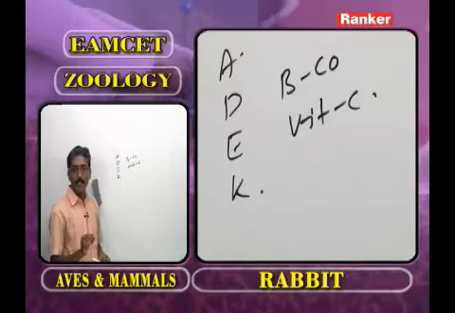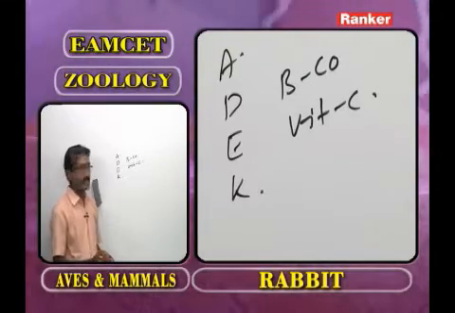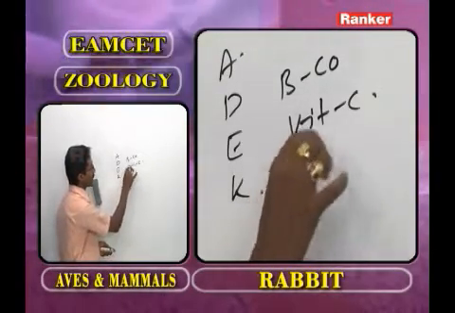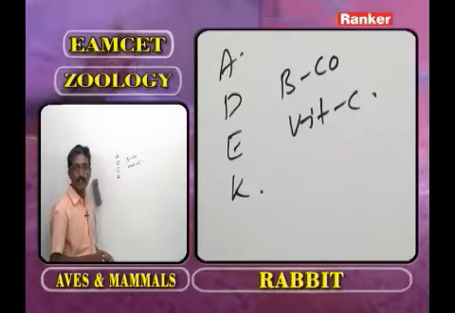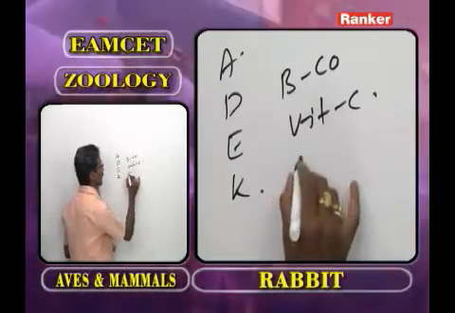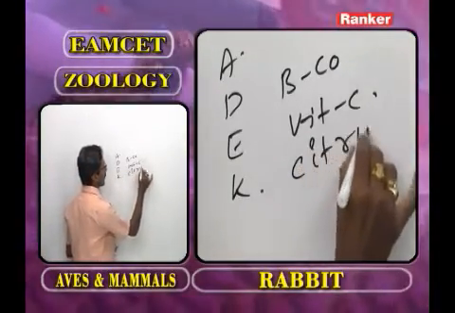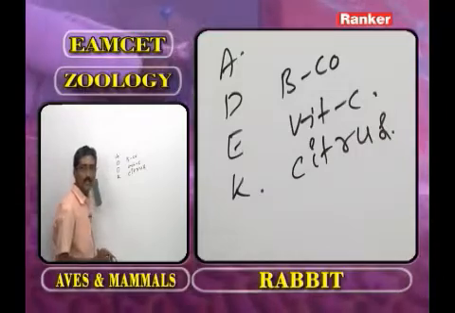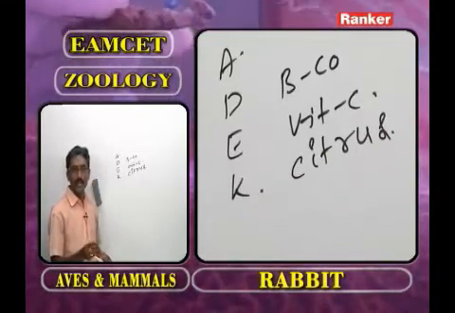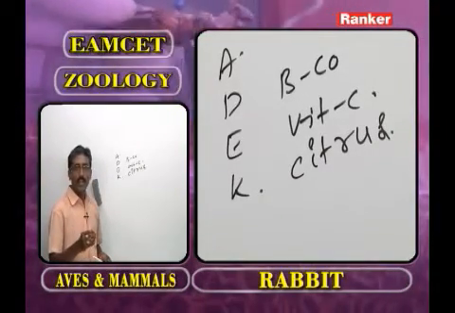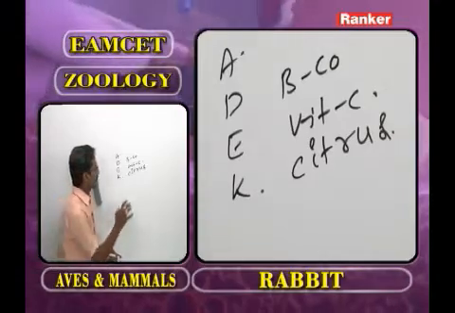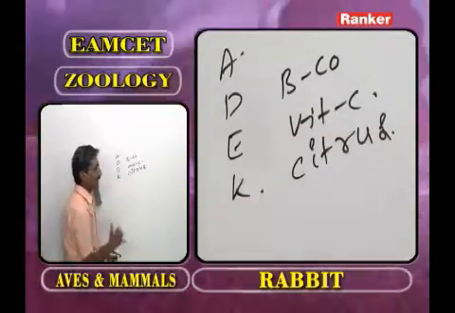Now, regarding ascorbic acid deficiency, vitamin C is generally available in all citrus fruits, for example mango, grapes, etc. In all these fruits, vitamin C is abundant.